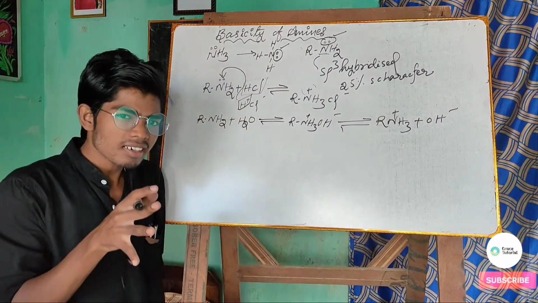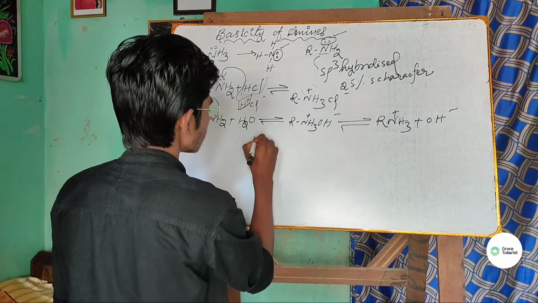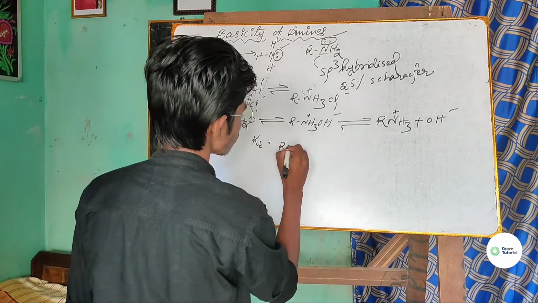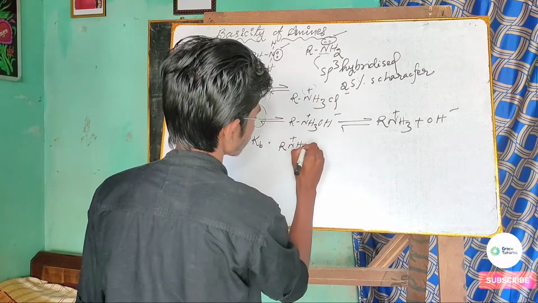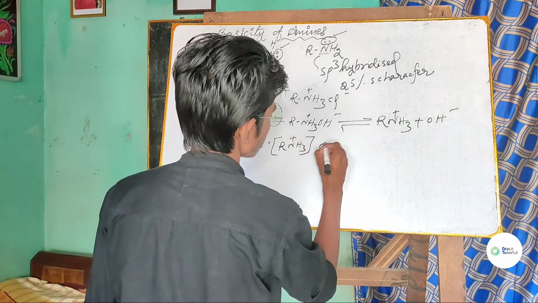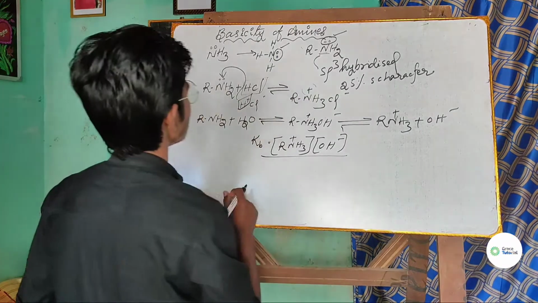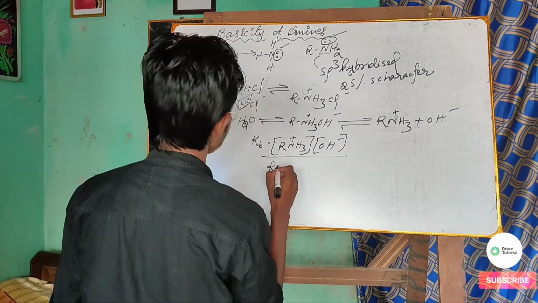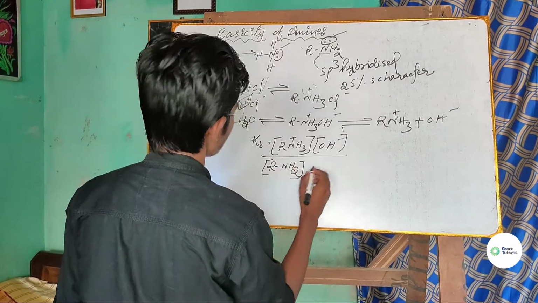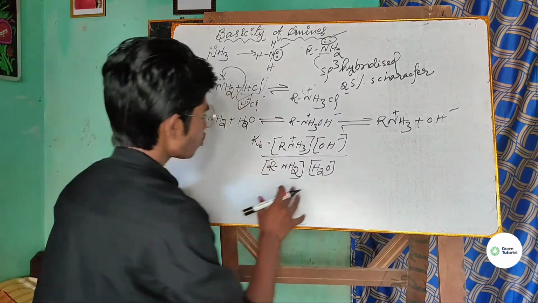But what is the equilibrium constant? If you write the equilibrium constant, Kb equals the molar concentration of RNH3+ and OH minus divided by the molar concentration of amine and water.